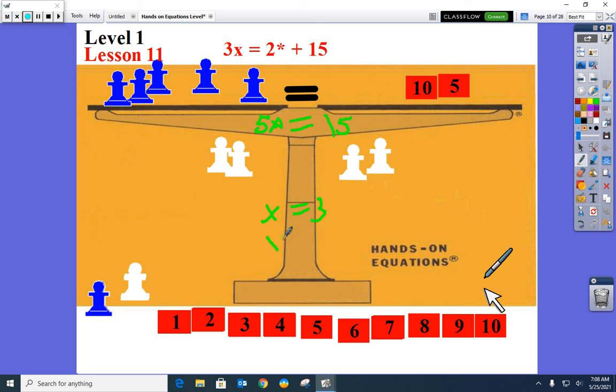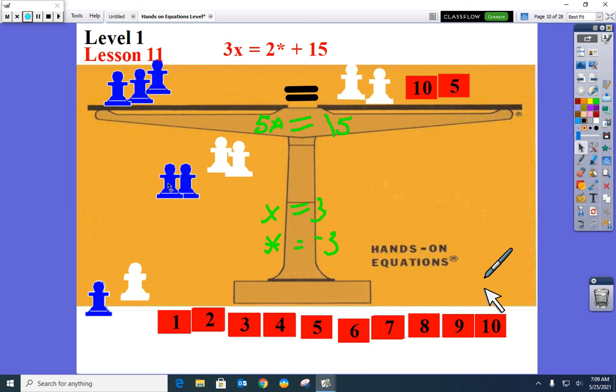And star will equal negative 3. So when we go do our check, let's set up the original equation. Let's put my 2 stars back up there.